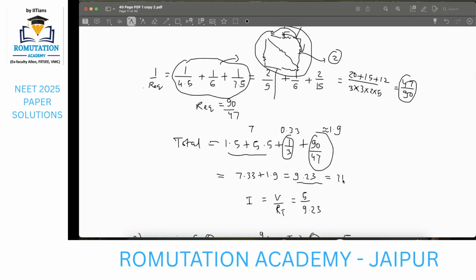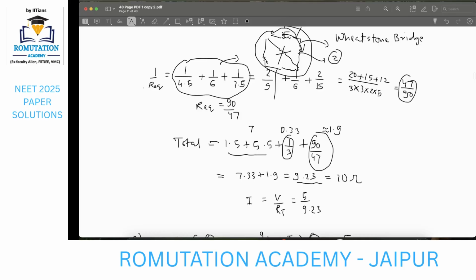I think that mistake was happening because we did not realize that this was a Wheatstone bridge. By the Wheatstone bridge fundamental, if the opposite resistances multiply to the same number, then it is a balanced Wheatstone bridge, and that's where we ignore the middle one.